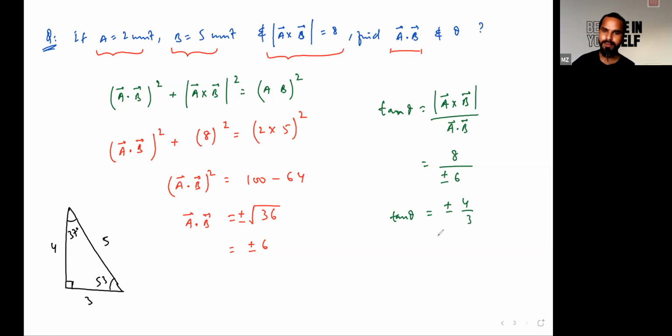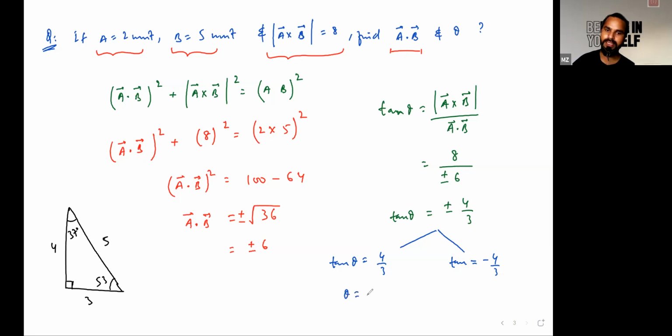So just see in this expression, we have two different parts. First one is positive and the second one is negative. So we can write tan theta is equal to 4 by 3 and tan theta is equal to minus 4 by 3. For this value, tan theta is perpendicular by base. The perpendicular is 4 and base is 3.